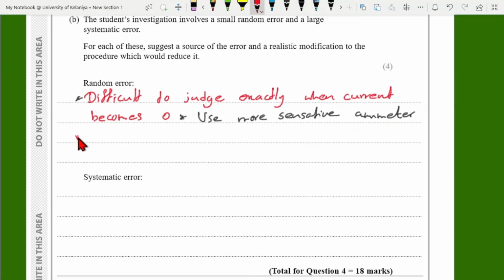And another reason, you only need to write one. I'm just writing two because they have given 2 points in the marking scheme. The other one is that background light could affect the wavelength or the color.